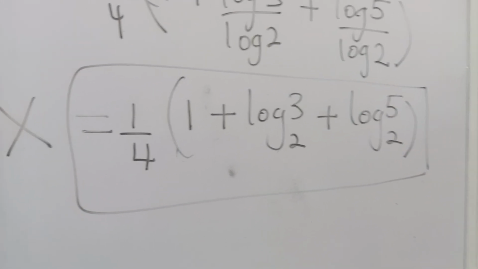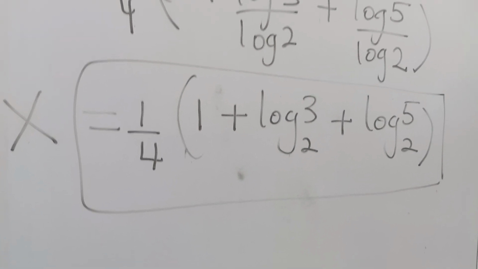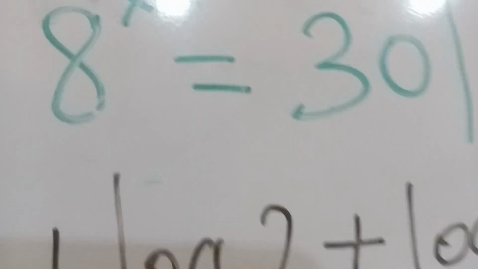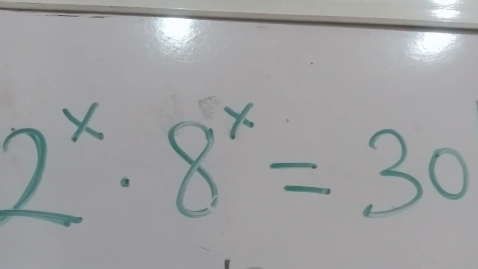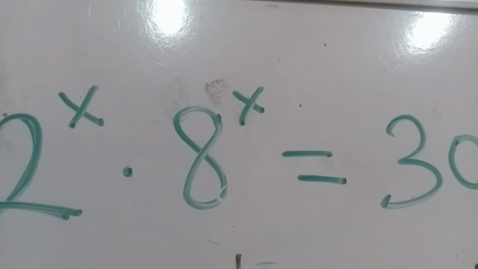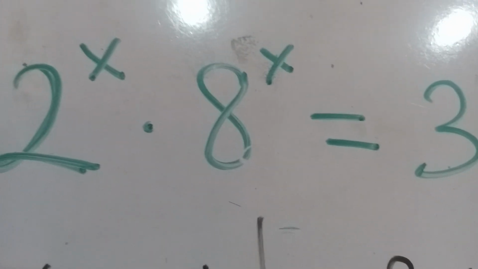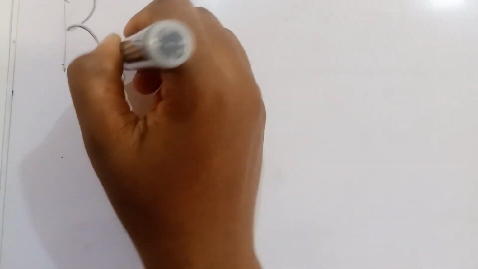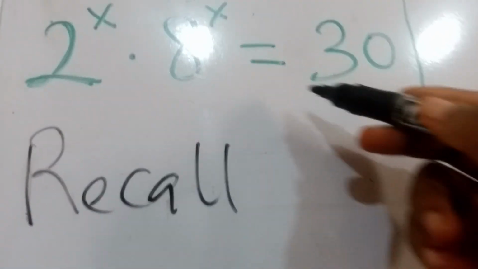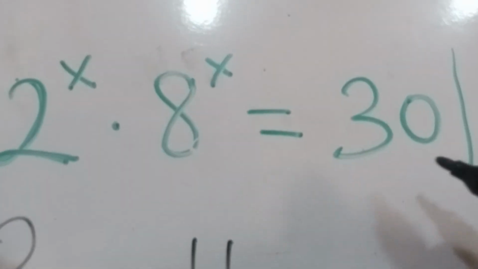Yeah, it's that long. So what we're going to do next is to fix this value for x into this equation. Now let's go. So recall from this equation, we had 2 to the power of 4x equals 30.